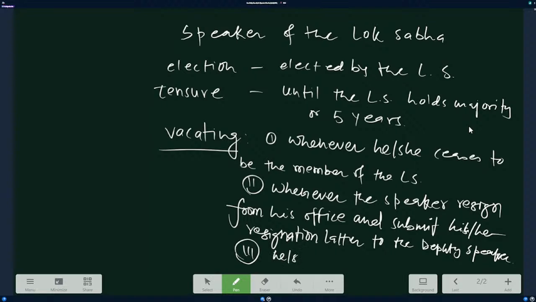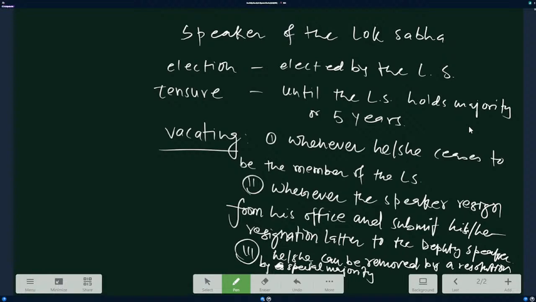He or she can be removed by a resolution by a special majority.